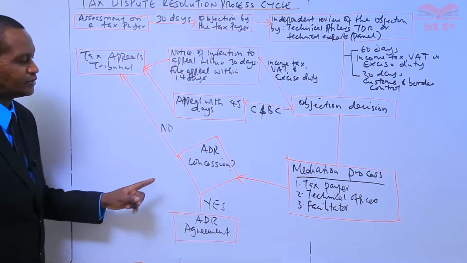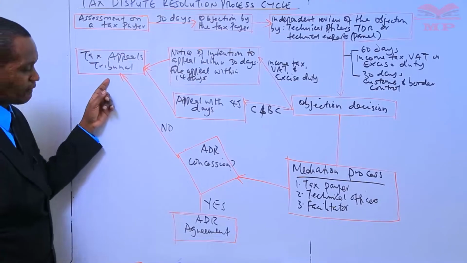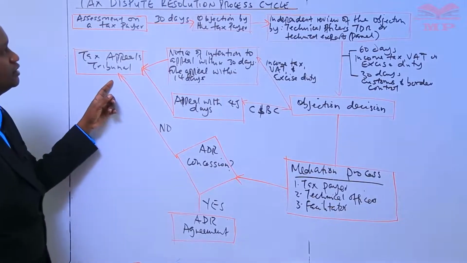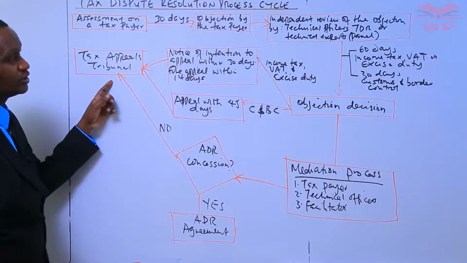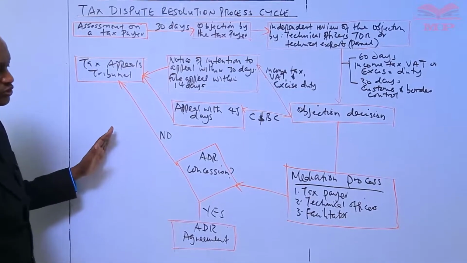That means that the taxpayer can still seek recourse with the tax appeals tribunal. So candidates, that is the cycle. It is as simple as that. The tax dispute resolution process cycle.